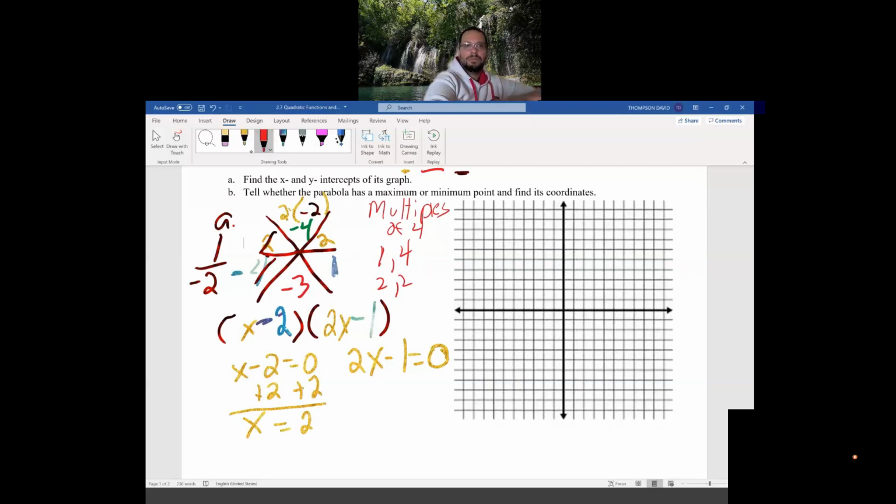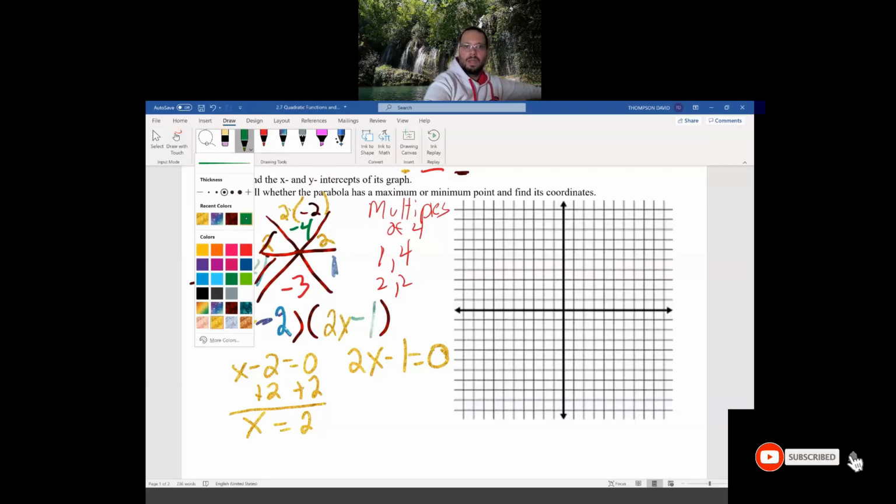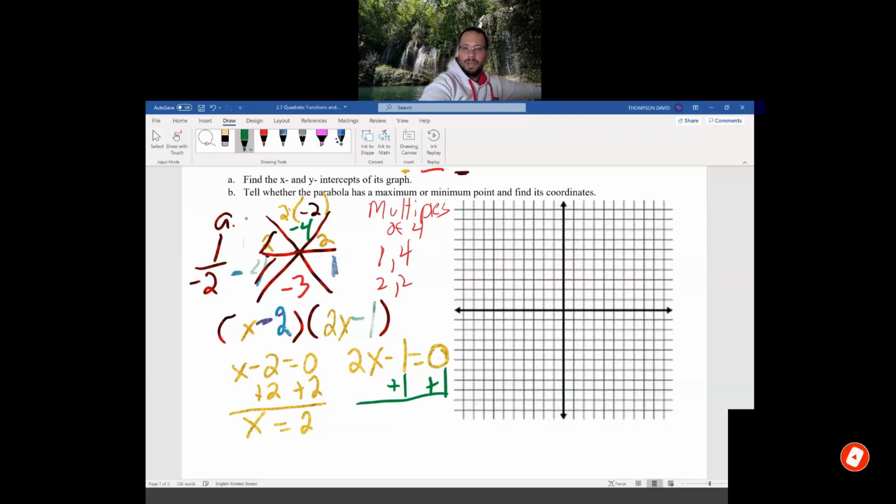For this one, just add 1 to both sides. We'll have 2x equals 1. We'll divide both sides by 2, and x equals 1 half. So we have our zeros as positive 2 and 1 half.